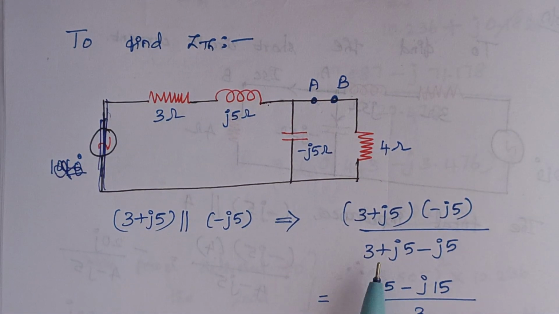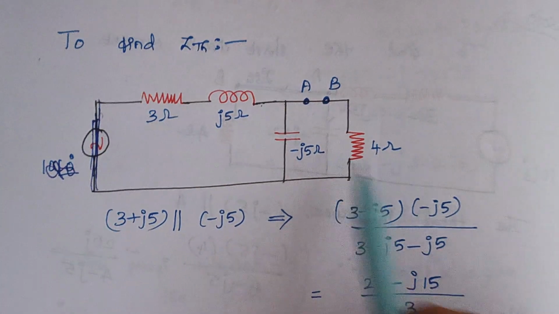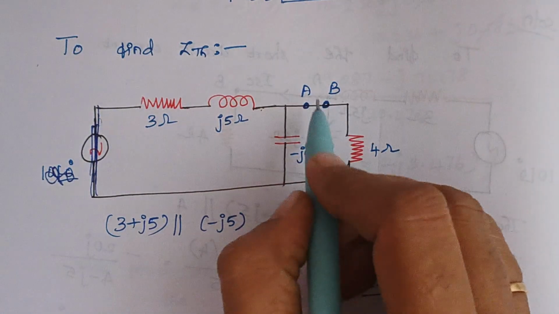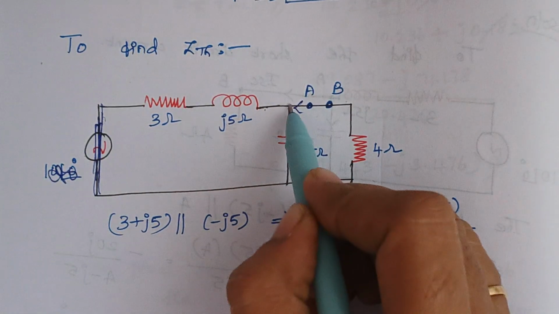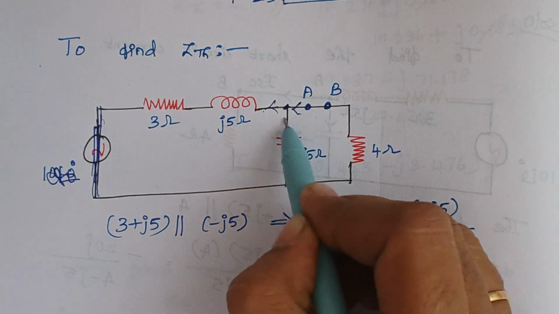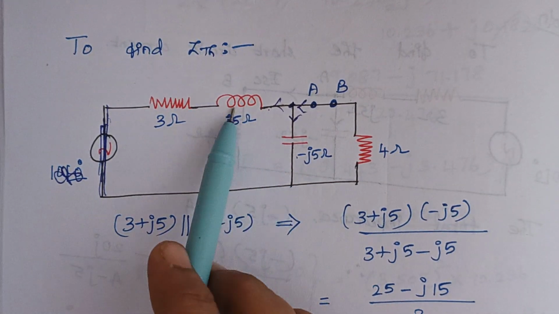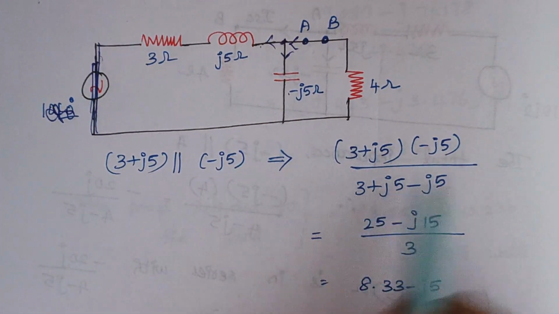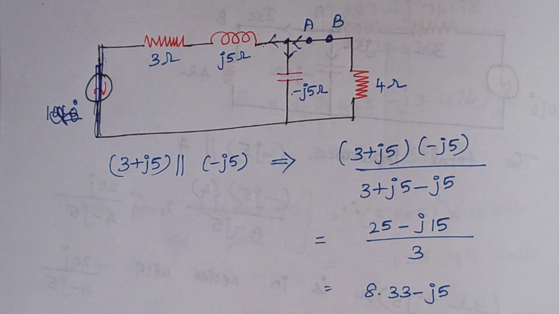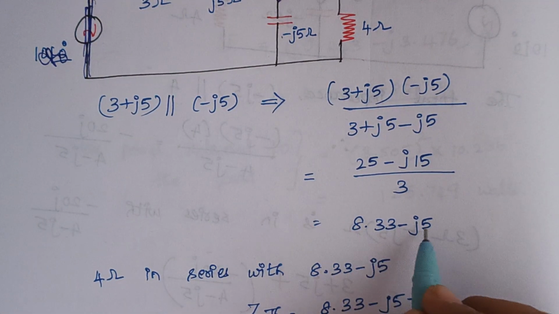Now we are going to calculate the impedance value. When you look at this part, you see the current flowing from this side gets divided into two here. Therefore these two impedances are connected in parallel. So again Z1 into Z2 divided by Z1 plus Z2. Once you solve, we end up with the answer like this, right?